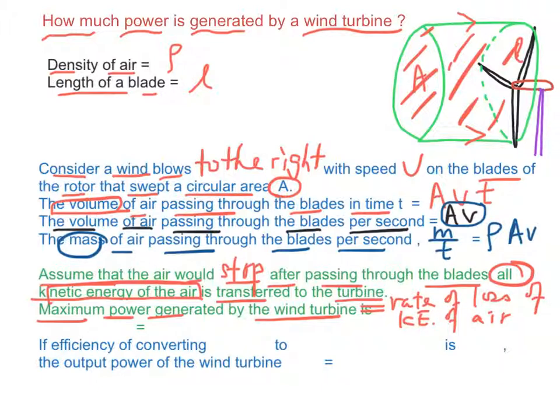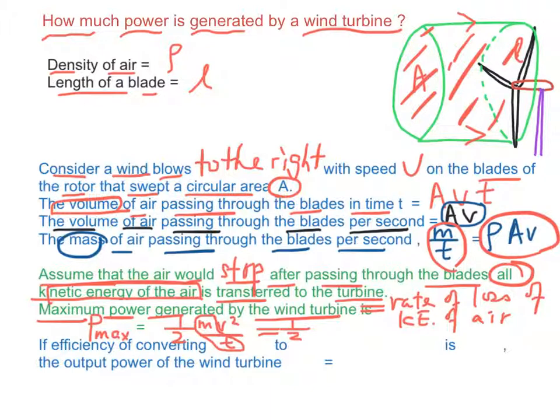Therefore, the maximum power output is equal to half mv squared over t, which is equal to half times m over t, which is rho AV. Therefore, we have half rho AV times V squared, which is equal to half rho AV to the power 3.